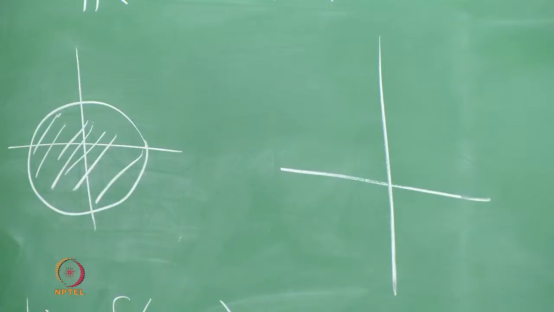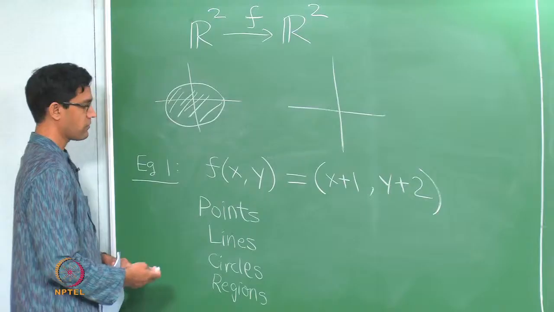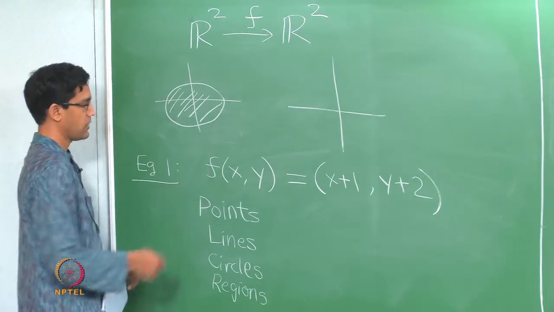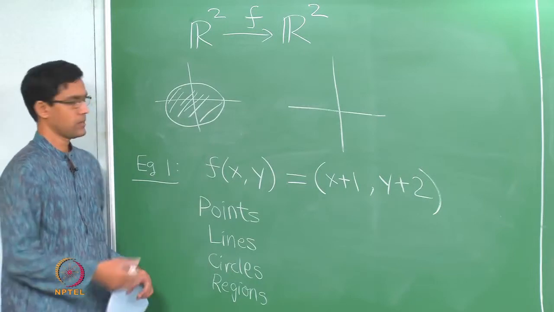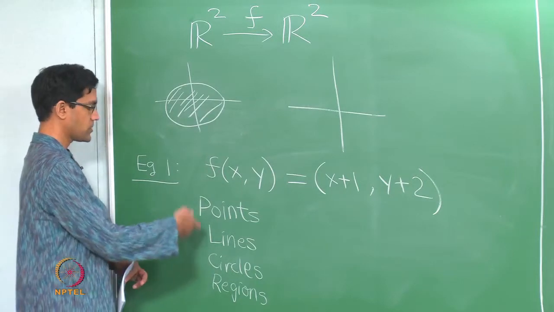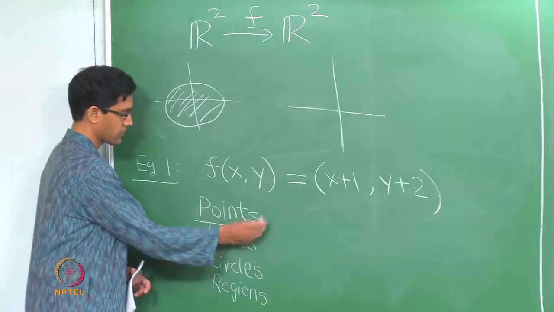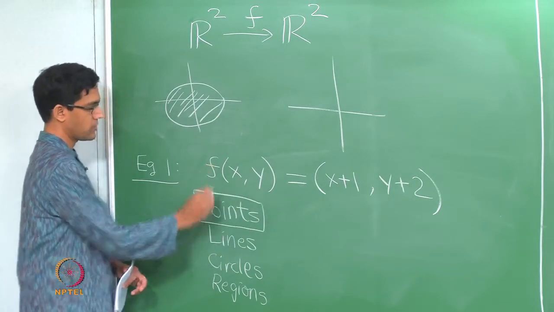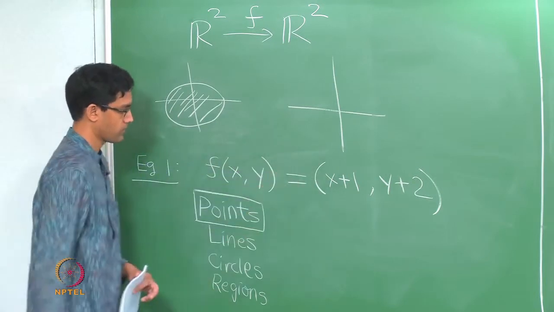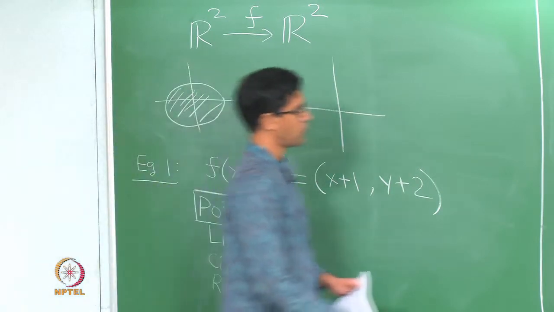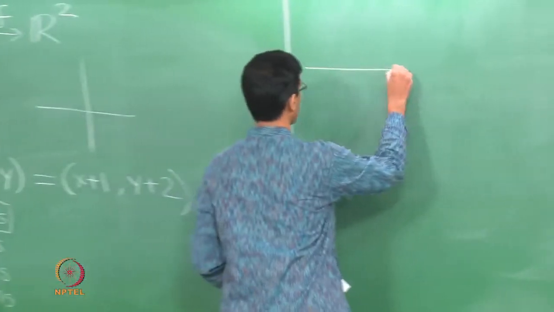So, here are various subsets of R2, and one way of trying to understand a function f is to see what it does to each of these kinds of things. Okay. So, at the very basic level, what you are really given is how a function acts on a point x comma y to produce another point. Okay. So, let us first think of what this function does to a typical point in R2.